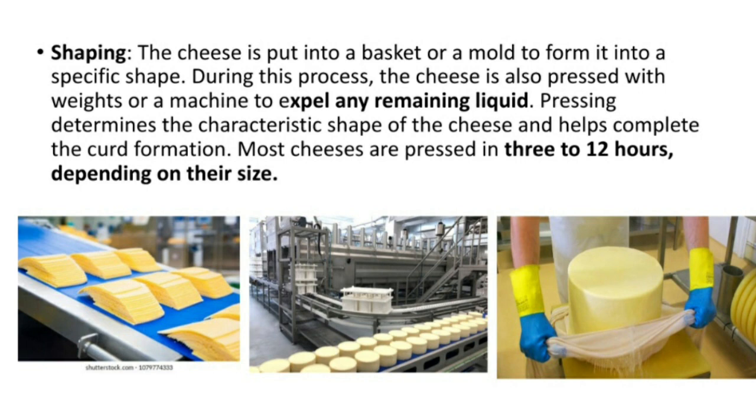During this process, the cheese is also pressed with weights or a machine to expel any remaining liquid. Pressing determines the characteristic shape of the cheese and helps complete the curd formation. Most cheeses are pressed for 3 to 12 hours depending on the size.